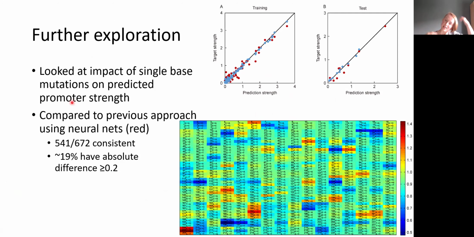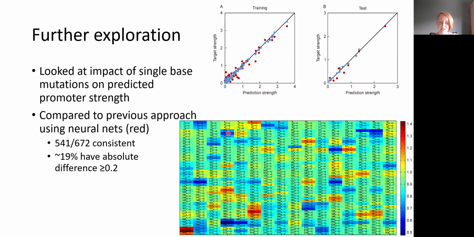So what they then did with their model, they did some further exploration where they looked at the impact of single base mutations on predicted promoter strength. So they would change each base in the promoter sequence to a different base and run it through the model and see what the model predicted the promoter strength to be.